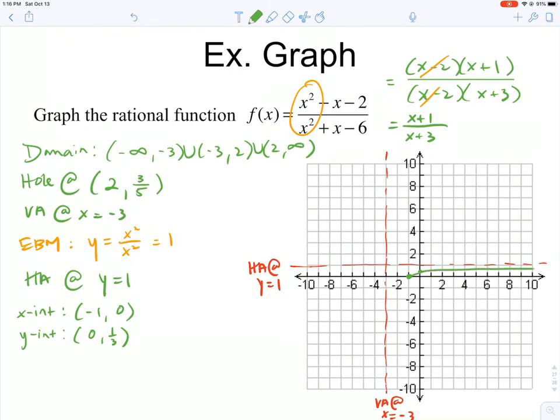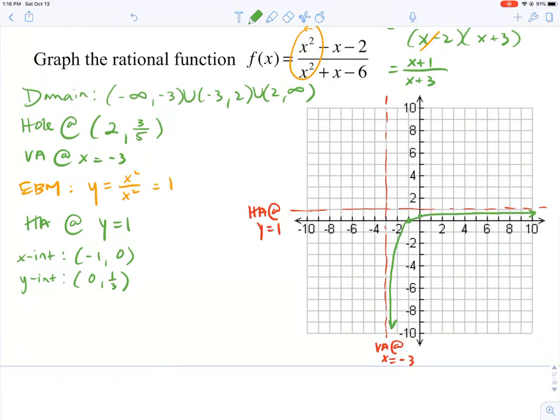Okay, I have a feeling this is going to approach 1 as x approaches infinity like that, and that this will approach negative infinity. And then let me just find what f of -4 is. So that'll be -3 over -1, which is 3.